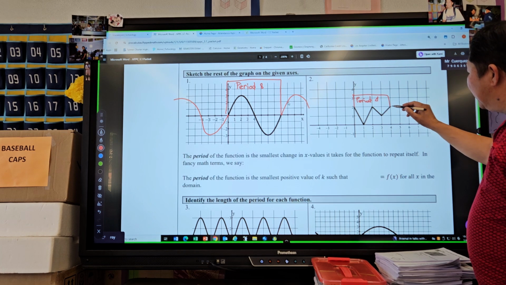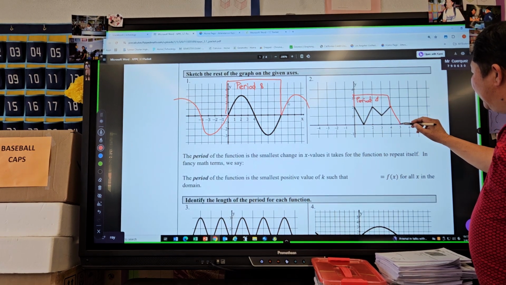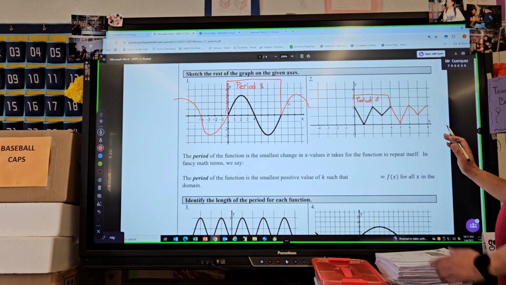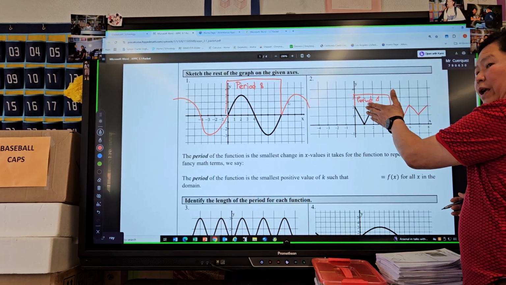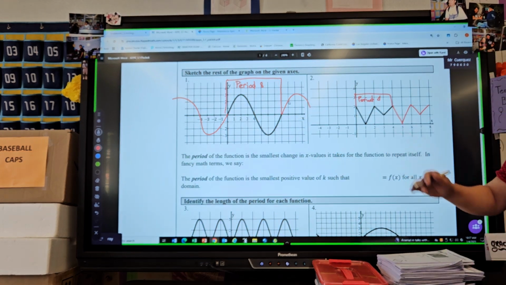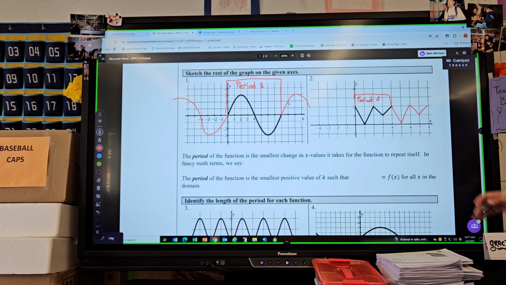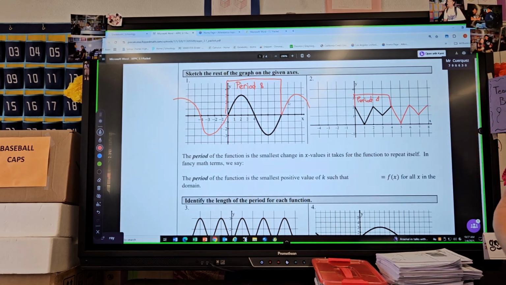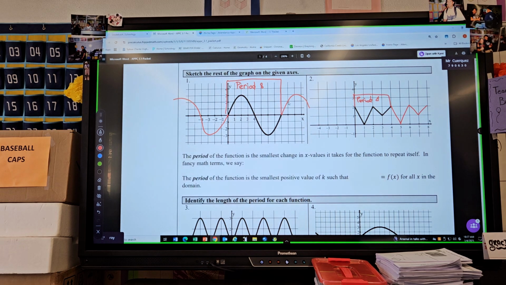So another cycle goes this way, and that way on this side. And if you're going to continue also on the left side, you draw. Is this clear, guys? So how many periods? 4 to complete one cycle.